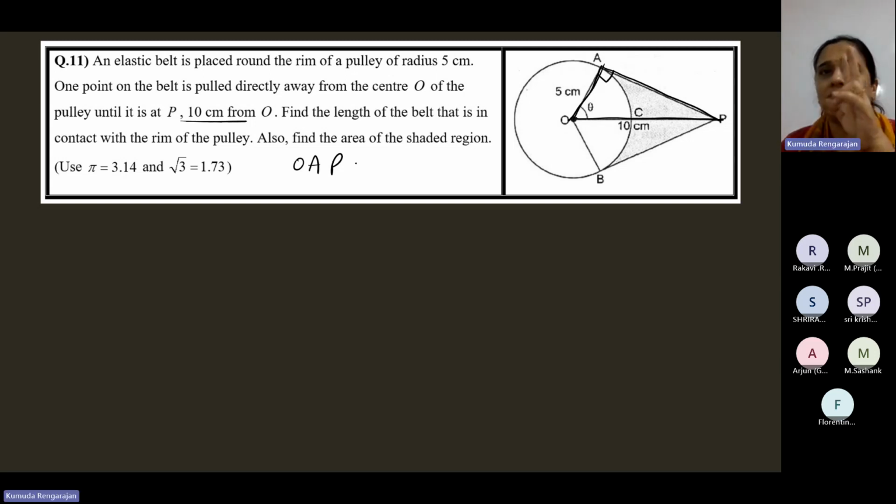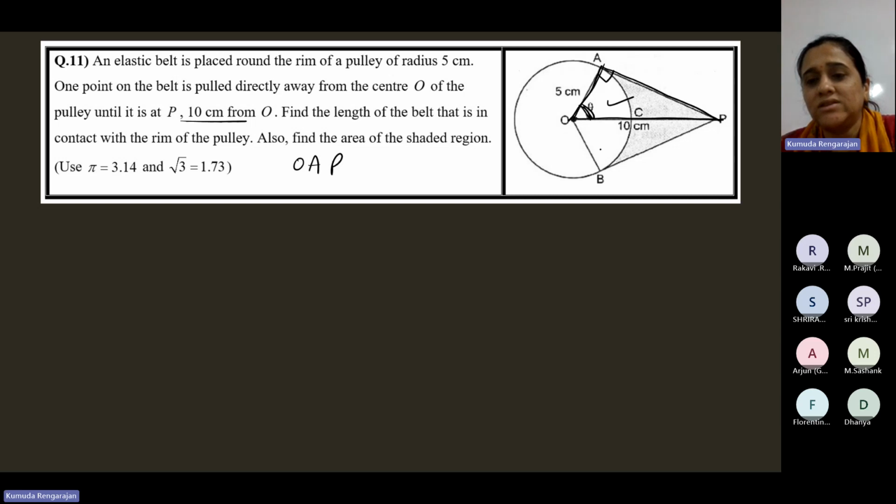Radius OA is 5 centimeters and OP is 10 centimeters. We need to connect these two with the angle you want to find. So you want to find theta. Once you find this one, this and this are congruent to each other. You can prove they are congruent. So whatever is this will be here also. If this is 45, this also will be 45. So the sector angle is 90, like that.